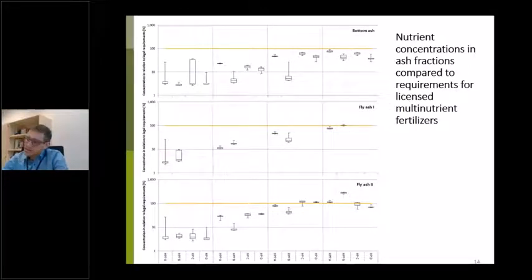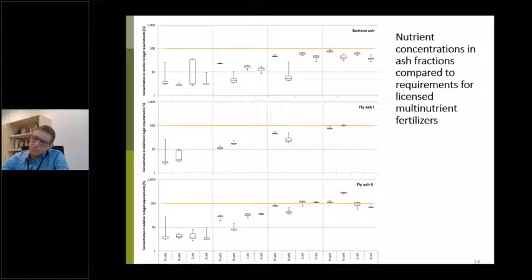So at the moment we can say, okay, the bottom ash is the ash which usually can be used due to low trace element concentrations, but in terms of nutrient concentration, the fly ash 2, which is the highly contaminated ash fraction, would also be most interesting in terms of nutrients.